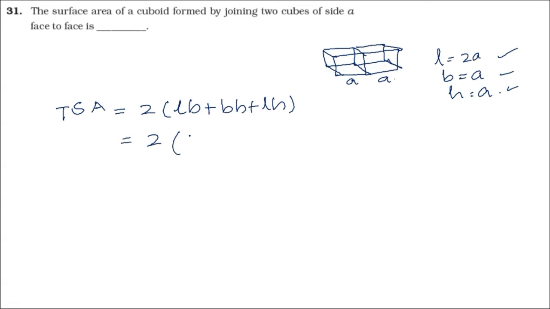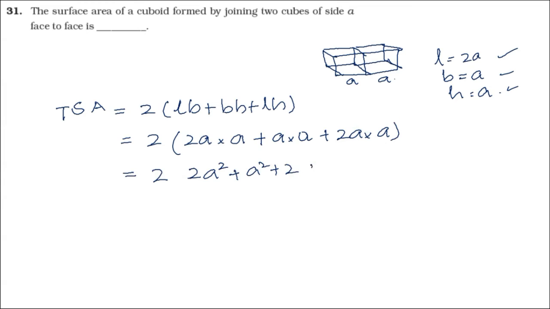So 2 times of, instead of length, it's 2A multiplied to the breadth A, plus breadth multiplied to the height A into A, plus length multiplied to the height 2A into A. So 2 times, this is 2A square plus A square plus 2A square, totally 5A square will be the sum, multiplied to 2, we get it as 10A square. So the total surface area will become 10 times A square.